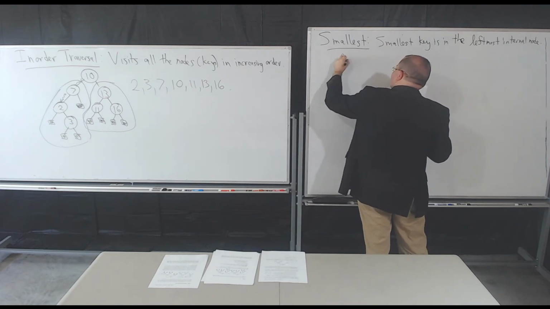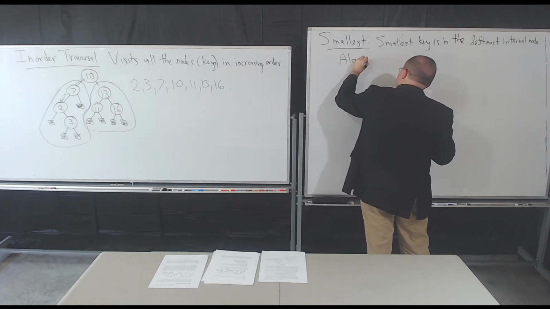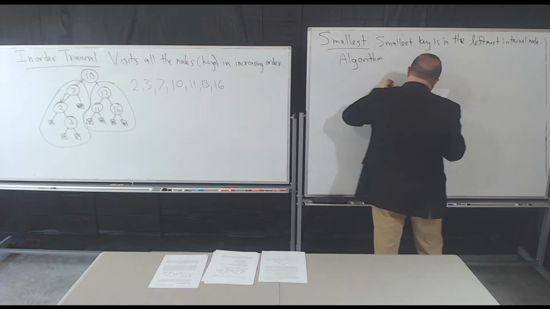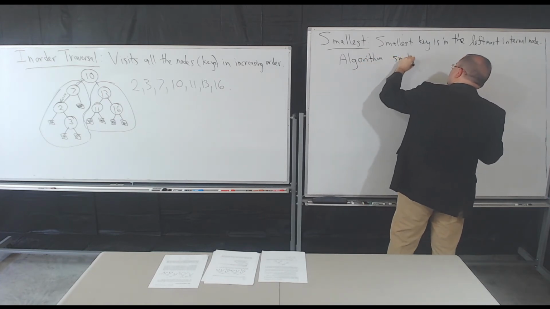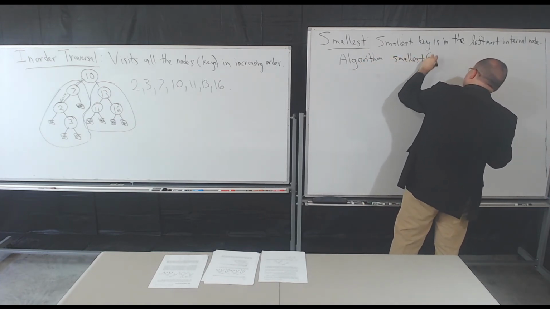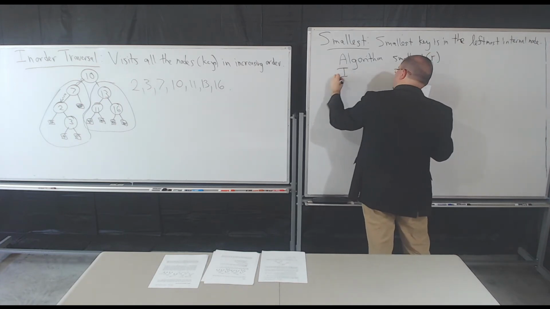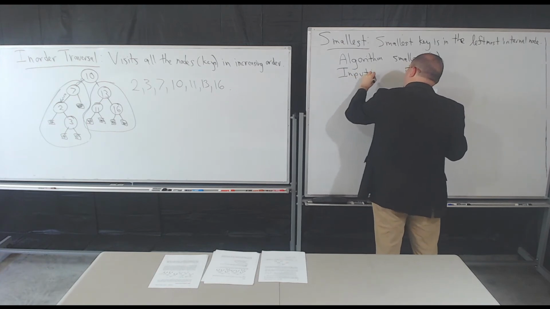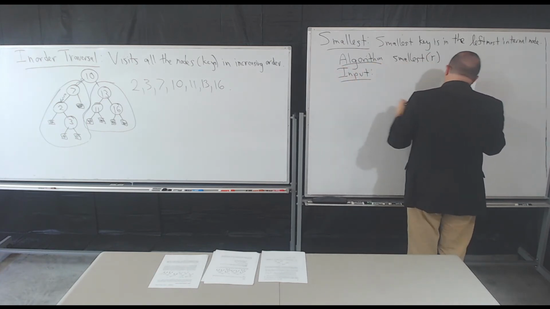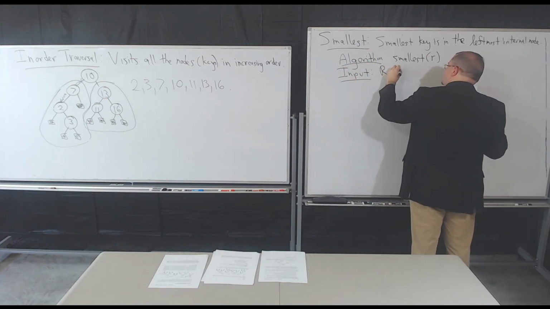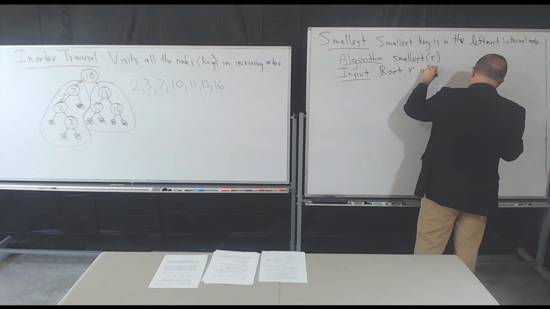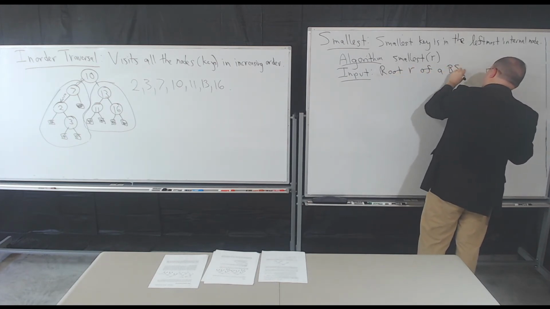So let me write down the algorithm. I have smallest. Now, smallest is going to take a root node, root r, of a binary search tree.